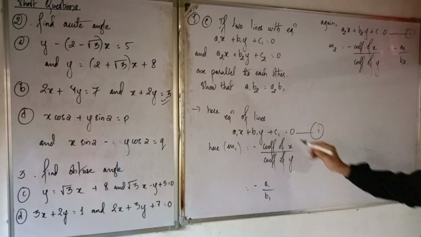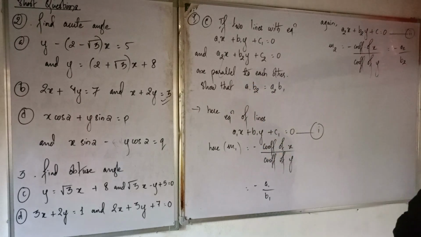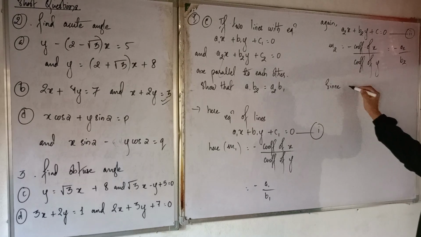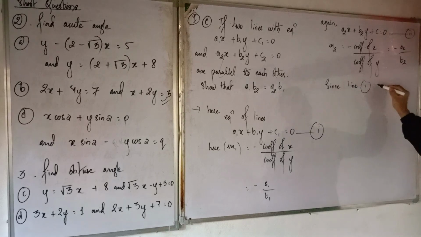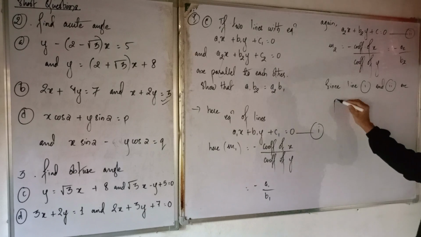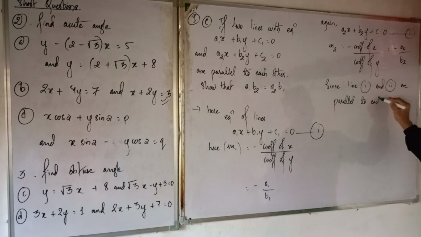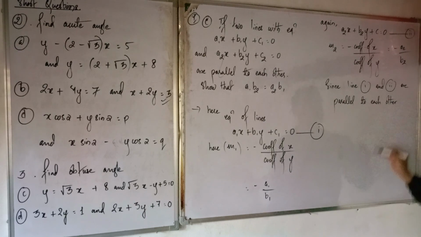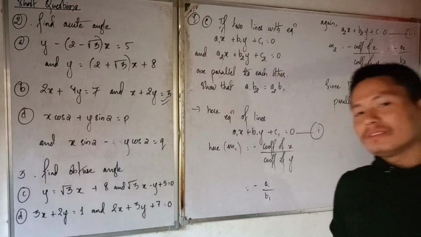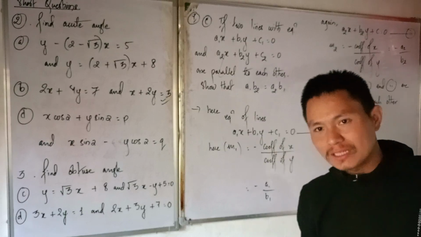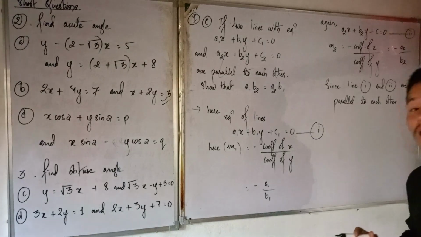Now from the question, the lines are parallel to each other, so in this case we use the condition of parallelism. Since line (i) and line (ii) are parallel to each other, we already discussed the condition for parallelism of lines.